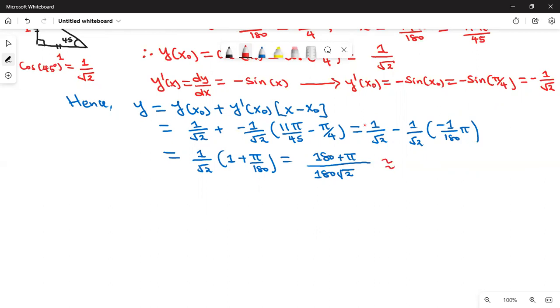That should give you approximately 0.71945. So you can now say that therefore cosine of 44 degrees is approximately equal to 0.71945.